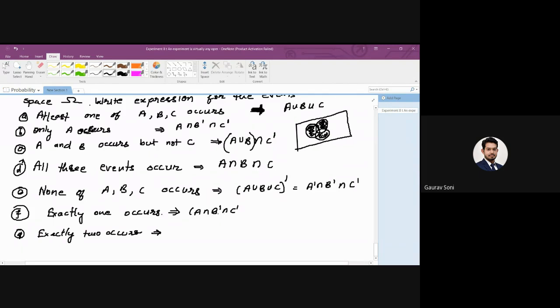This won't have any element from B and C. Only one event will occur, that is A. But then union, and the same for the other two: A complement intersection B intersection C complement, again union, A complement intersection B complement intersection C. What about the third one?